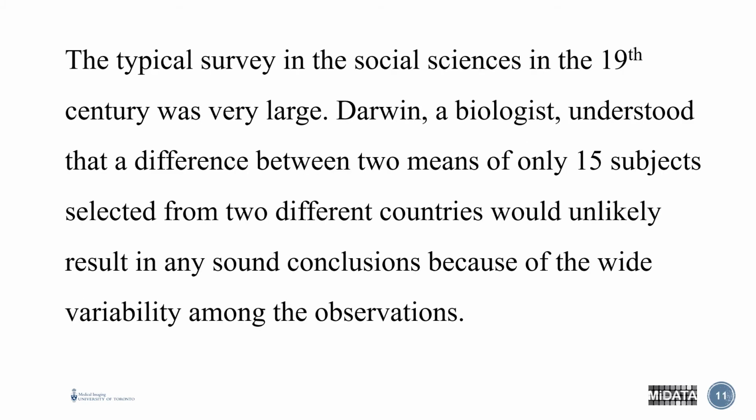Now, the typical survey in the social sciences in the 19th century was very large. So they would collect large samples and report the summary statistics. Darwin, a biologist, understood that a difference between two means of only 15 subjects selected from 2 different countries would unlikely result in any sound conclusions because of the wide variability among the observations.